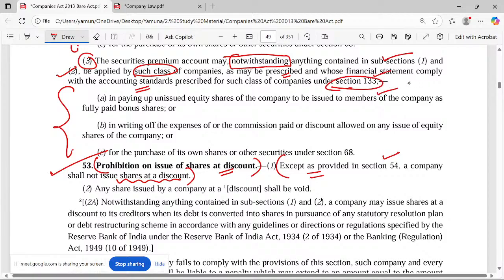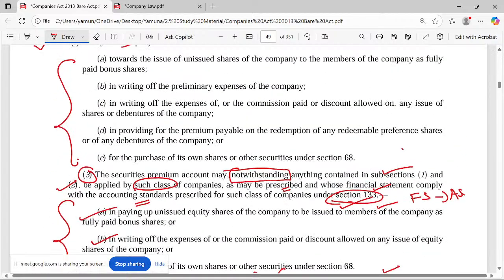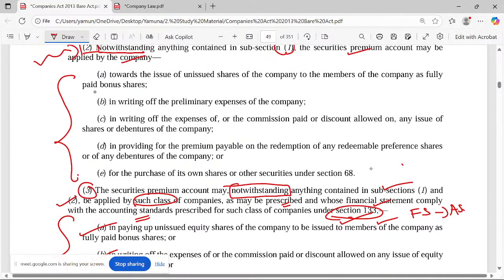So whenever the company goes for financial statements and other things, we have to comply with accounting standards and we have to follow section 133 the same way. So only for those companies, only these three applications are available. But whereas generally all the five may be available.